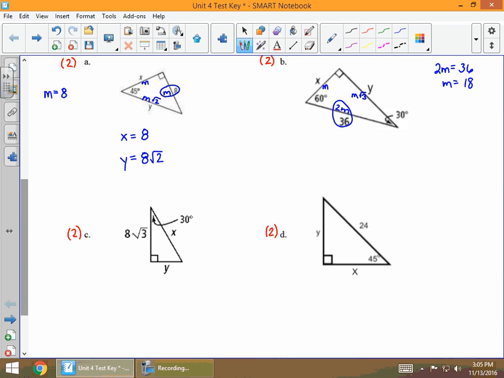Now let's find x and y. X, if I look at my picture up here, says x is equal to the m value. So in this case, x is equal to 18. And over here is my y value. The y value is equal to the m value radical 3. So in this case, 18 radical 3.